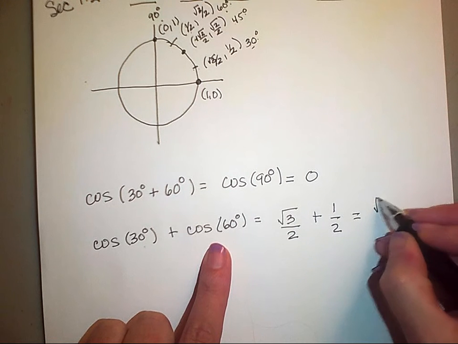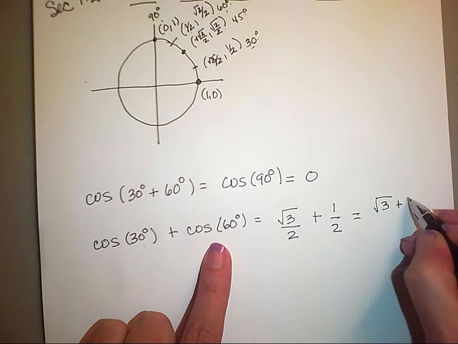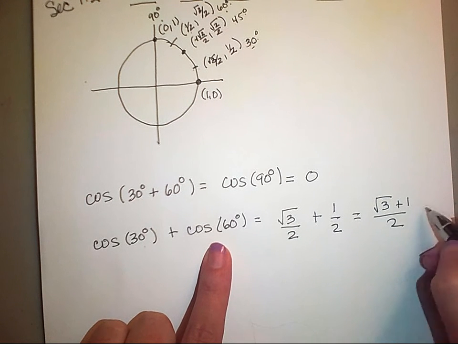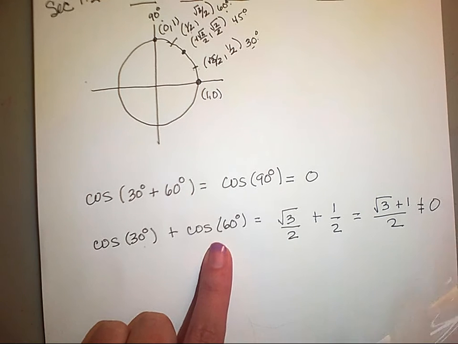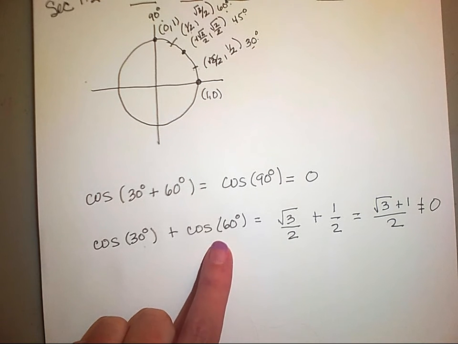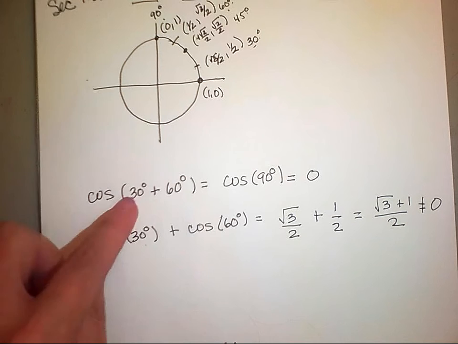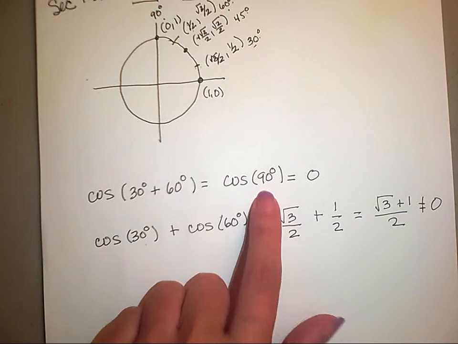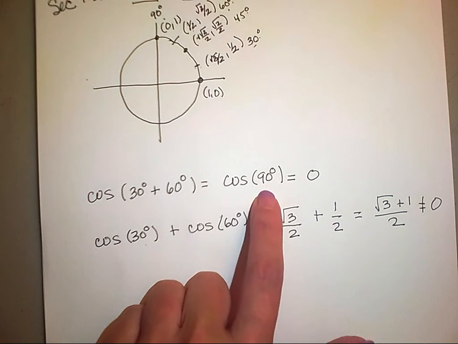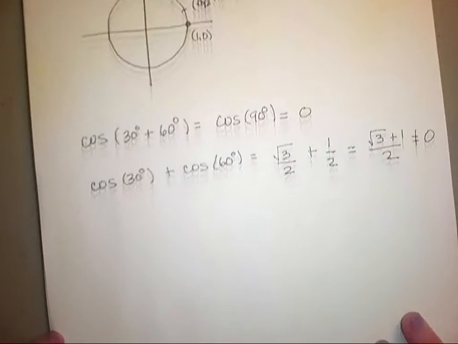So when you put this together, this is the square root of 3 plus 1 over 2, and this does not equal 0. So our initial hunch, saying that I could just add the cosines of two angles and get the cosine of their sum, is incorrect.